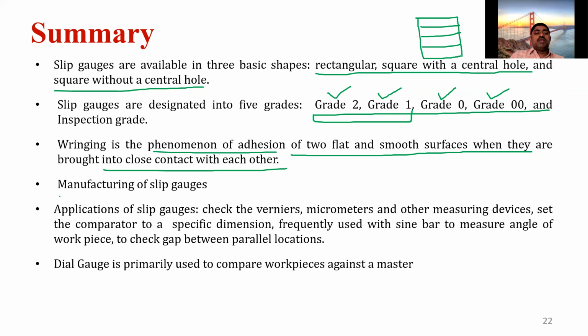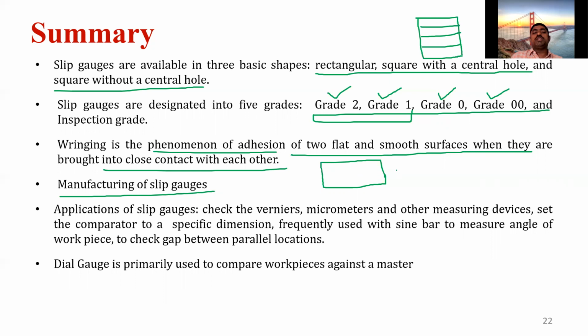And then we discussed the manufacturing of the slip gauges. First, we have to select steel blocks of similar dimensions, having the same nominal dimension. Then these are hardened and the grinding operation is done, and then stabilization is done to relieve the internal stresses.